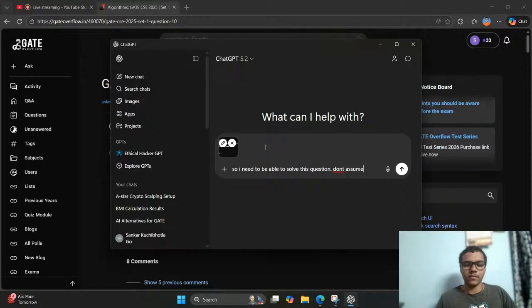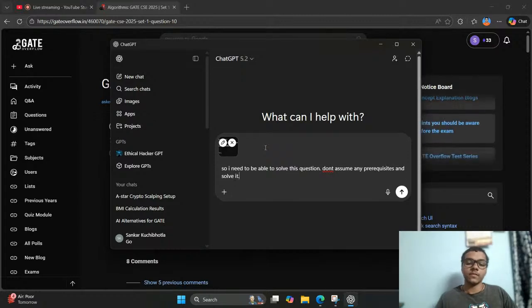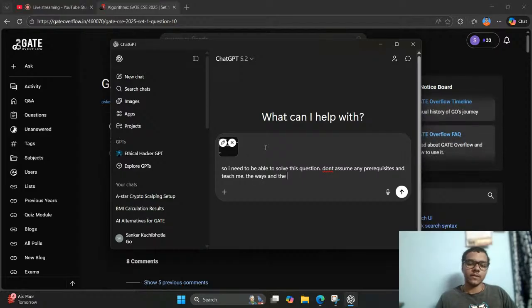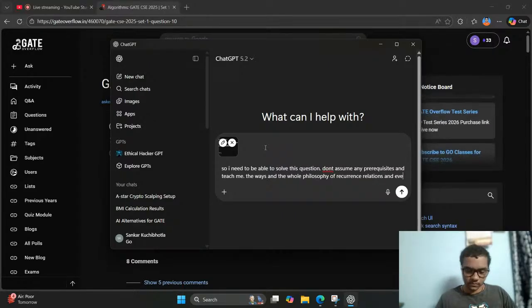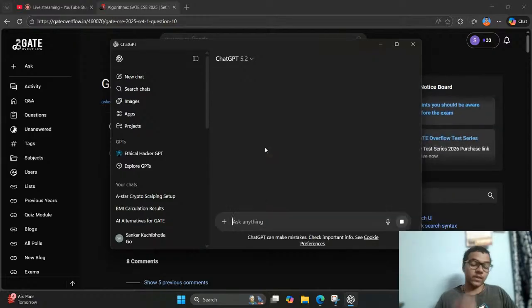Don't assume any prerequisites and solve it. Teach me the ways and the whole philosophy of recurrence relations and every other theory needed to solve this one.